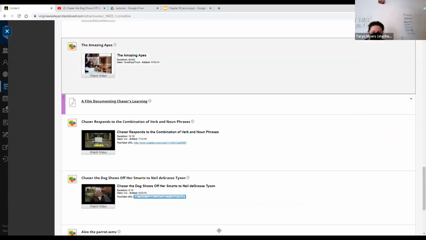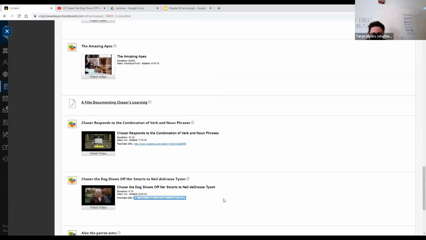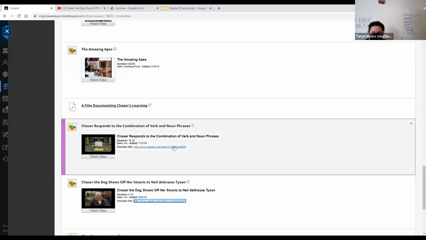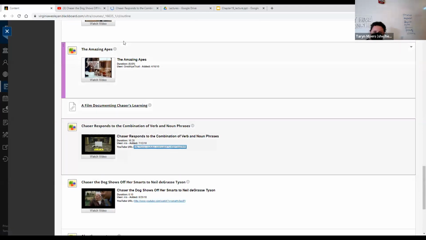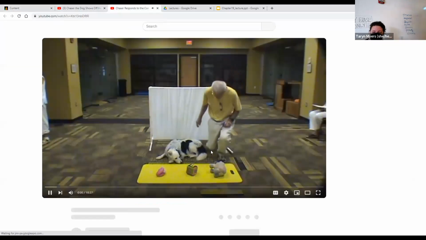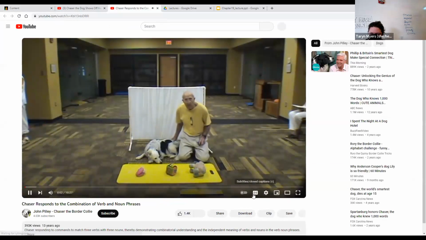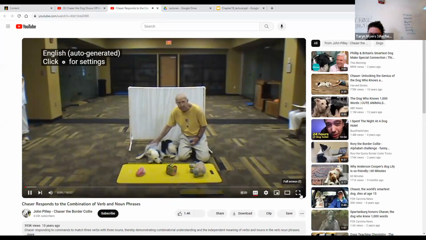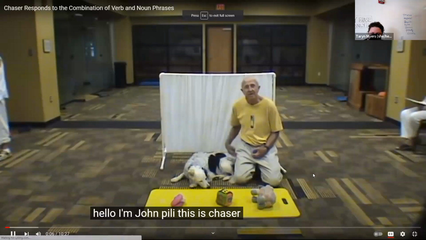What about verbs? Well, what John Pilley taught her to do is to give her very simple sentences, more simple than the ones they were giving Kanzi, but to give her some actions. Hello, I'm John Pilley. This is Chaser, our border collie.